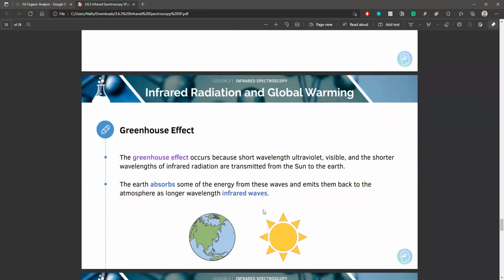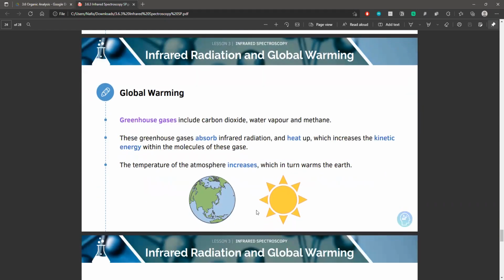There is a bit of a link between infrared radiation and the greenhouse effect, because the Earth absorbs some of the energy from these waves and emits them back to the atmosphere as longer wavelength infrared waves. Greenhouse gases include carbon dioxide, water vapor, and methane.